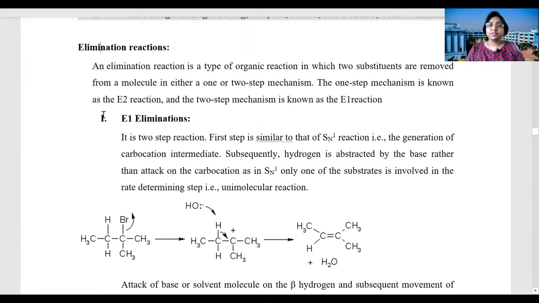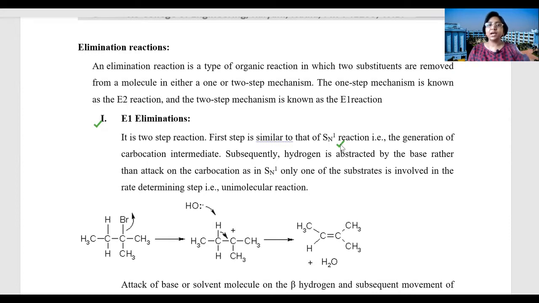So first it is the E1 reaction. Here you can see it is a 2-step reaction. The first step is similar to SN1 reaction, that is the generation of a carbocation intermediate.